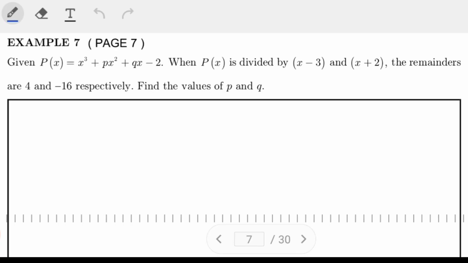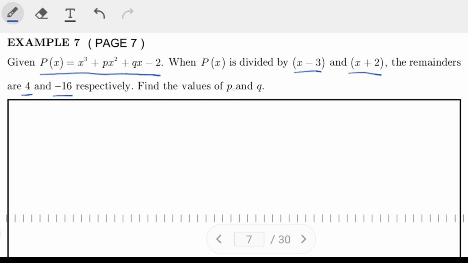Example 7 on page 7. Given P(x) equals x cubed plus px squared plus qx minus 2. When P(x) is divided by x minus 3 and x plus 2, the remainders are 4 and negative 16 respectively. We have to find the values of p and q.